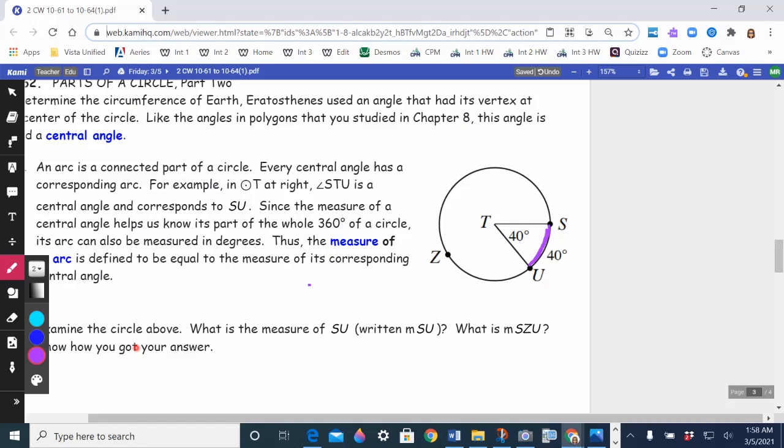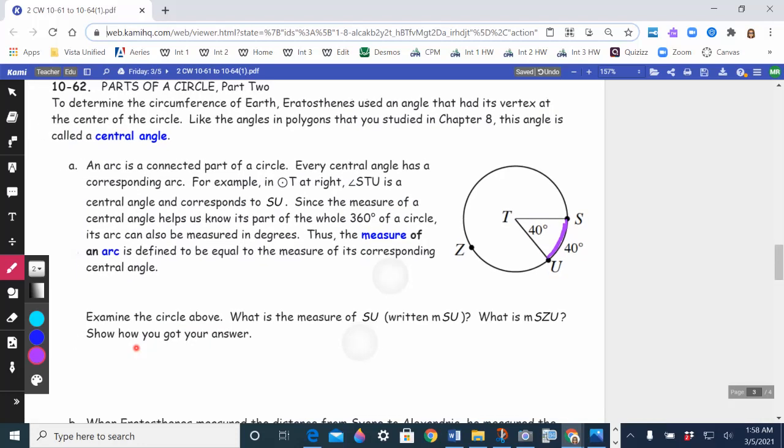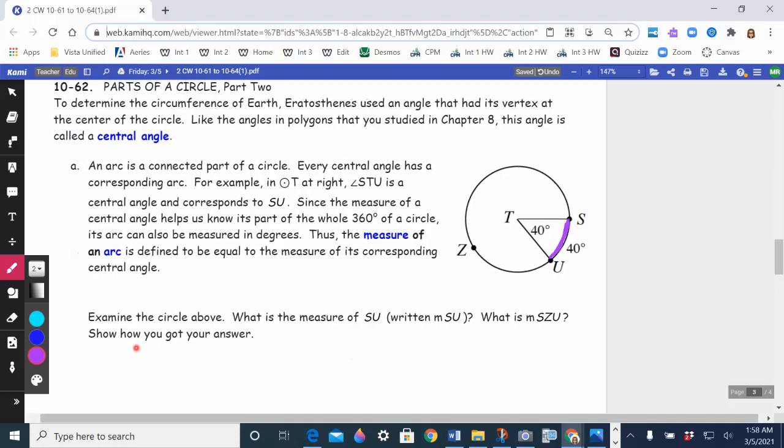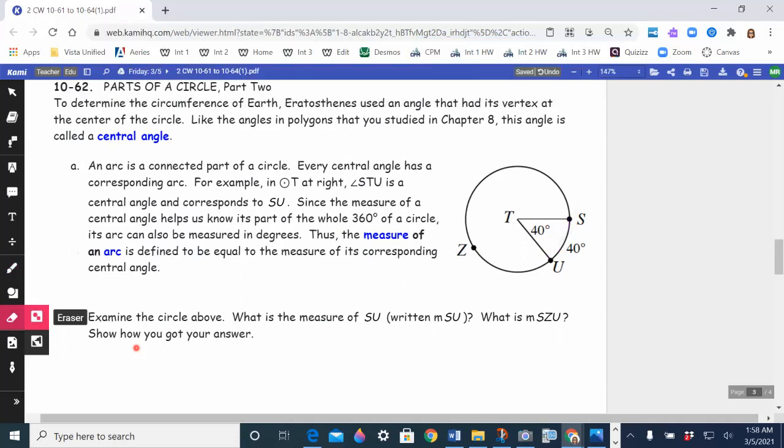So we have to be careful with those terms, okay? If I'm just looking at the distance here, that is arc length. But when I am looking at it in terms of this angle, this 40 degrees, that's called an arc measure. So arc length is the part of the circumference, and arc measure is the angle.